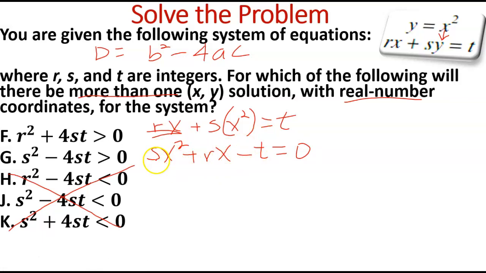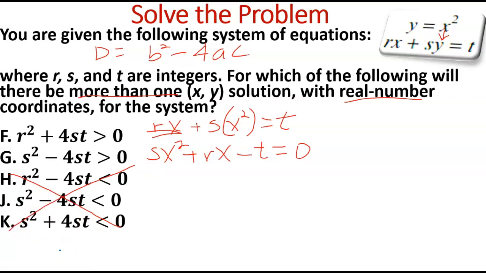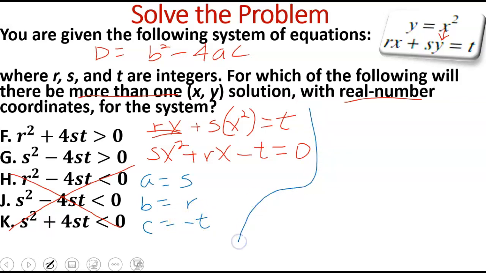So s is our a. So a equals s, b equals r, c equals negative t. We can substitute these into our discriminant, b squared minus 4ac, which has to be greater than 0.